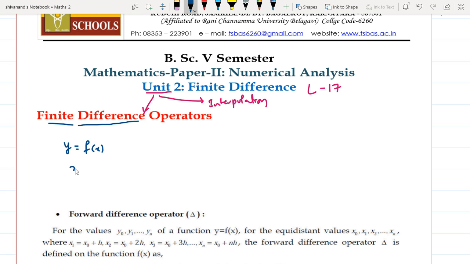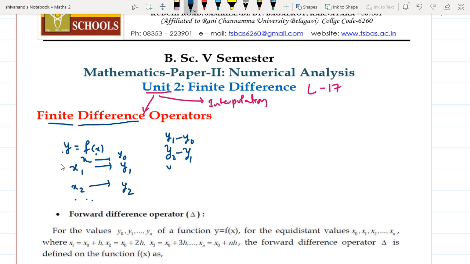For example, if you have a function y is equal to f of x, for different x, that is for x1 you get y1, and for x2 you get y2, and so on. Now if you take the differences, that is y2 minus y1 and y1 minus y naught, if there is an initial value, say x naught gives y naught.